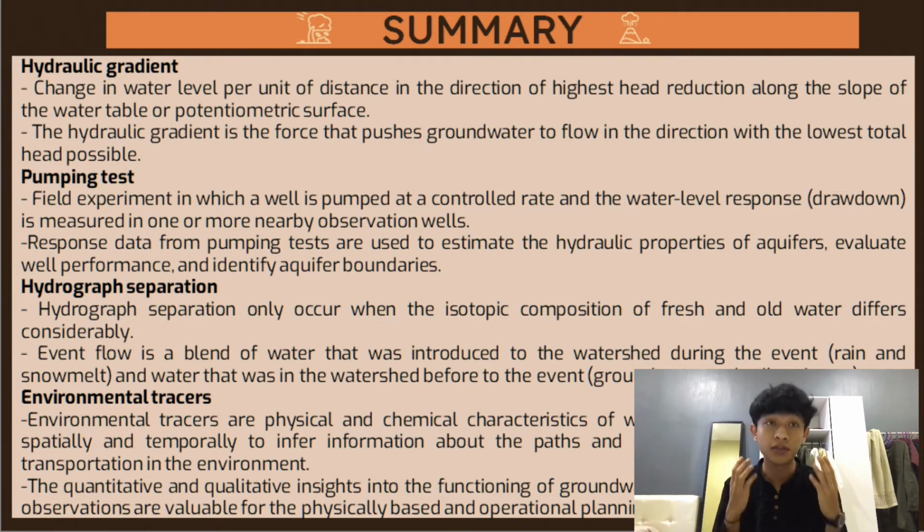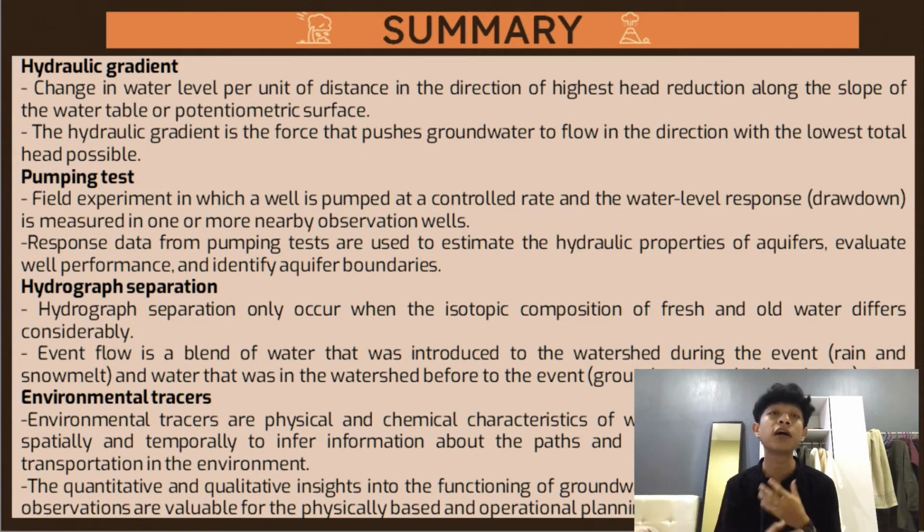For the hydrograph separation, it only works when the isotopic composition of fresh and old water differs considerably. Event flow is a blend of water that was introduced to the watershed during the event, which is rain and snowmelt, and water that was in the watershed before the event, which is groundwater and soil moisture.